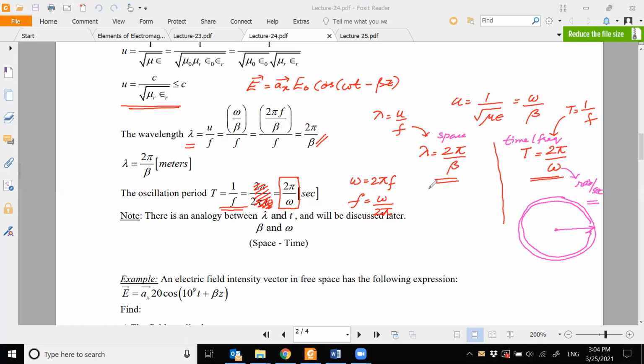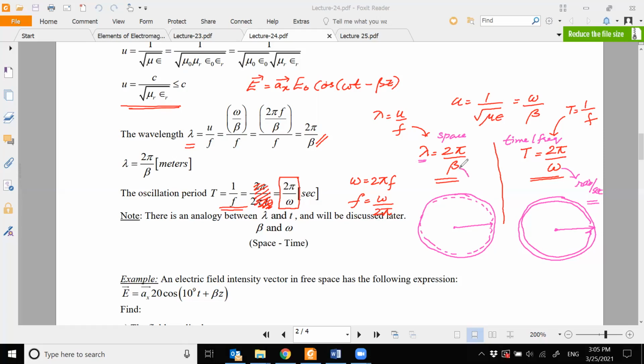In a similar way, we are defining this parameter called beta, which is a phase constant or a wave number, which has an analogy with lambda. You can also think of it in the angular domain, where if your arrow travels from here till here, a complete 360 degrees, that is one oscillation in space, which is nothing but your lambda.